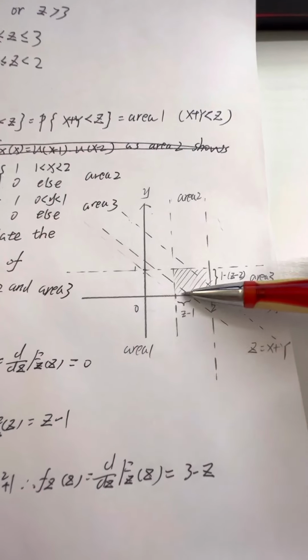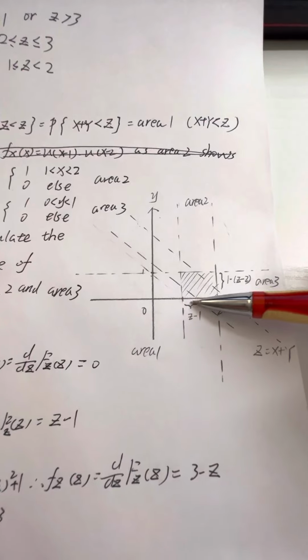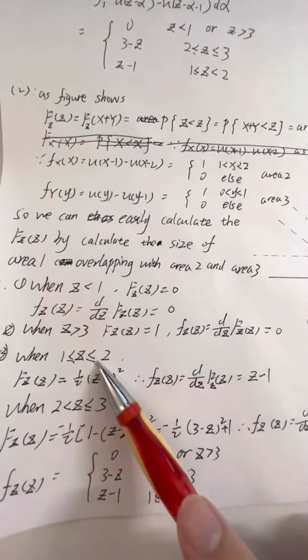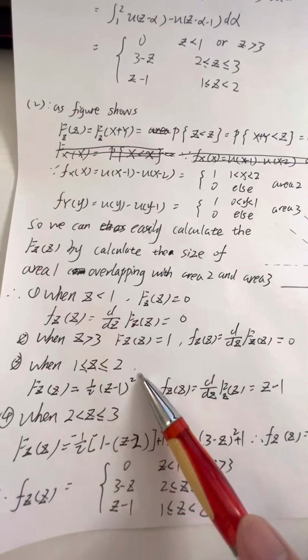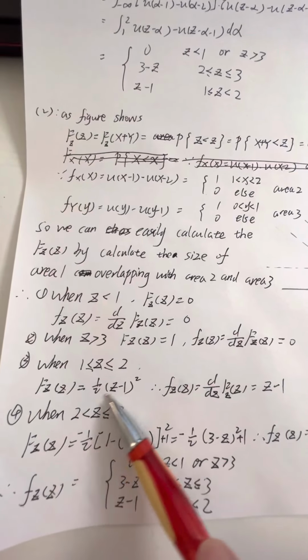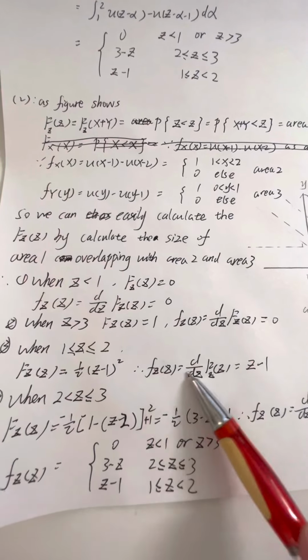The length is z minus 1, so the area of this small triangle is z minus 1 times 2 divided by 2. So we easily get the PDF of z.